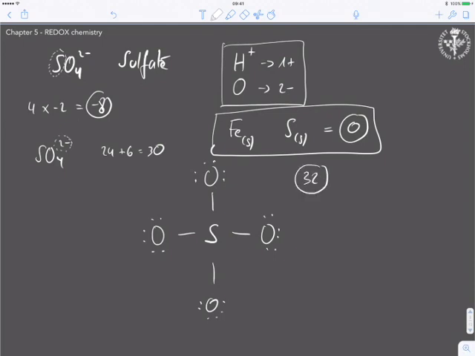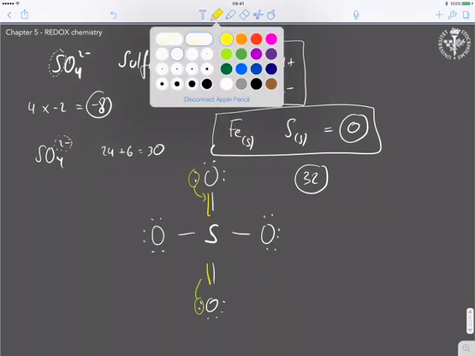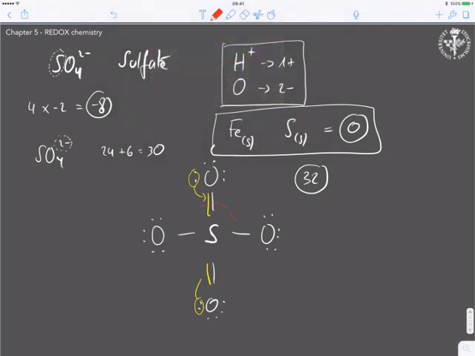We need to have a full octet around the sulfur. Remember the formal charges, so as we did last time, we will grab those 2 electrons here and here, make a double bond, and here make a double bond. With that, we'll have a full octet around the sulfur.